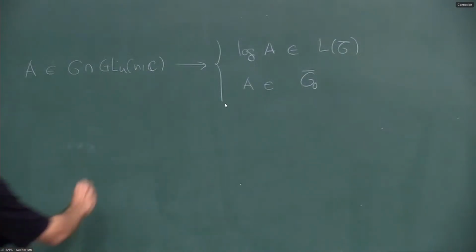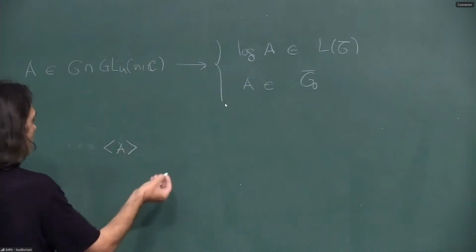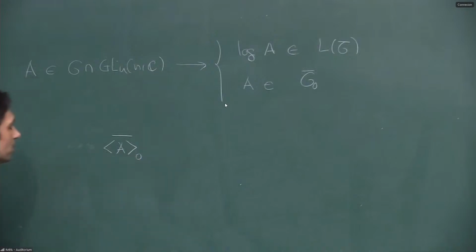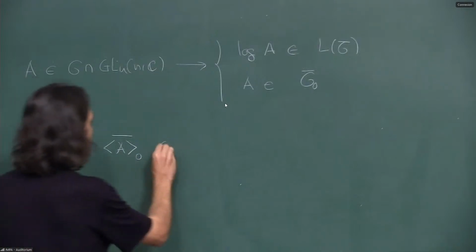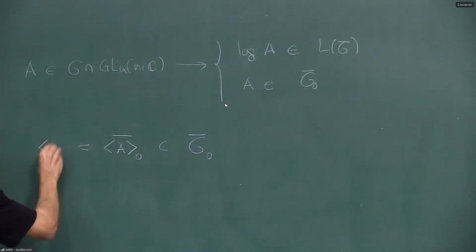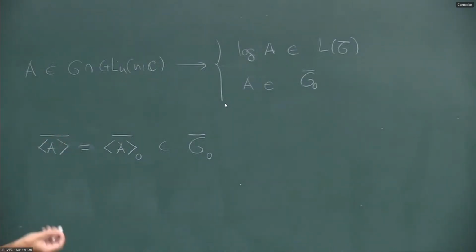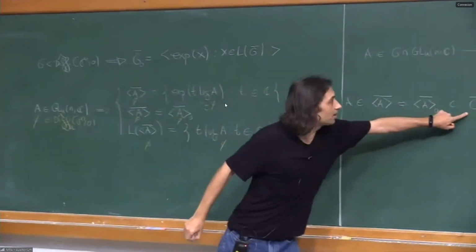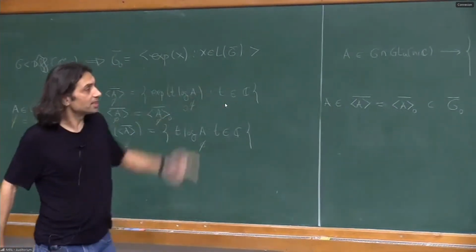If you have A, the closure of A, the connected component of the closure of A is going to be contained in the connected component of the closure of G, and because of this it coincides with the closure of the group generated by A that contains A. And since all these diffeomorphisms are contained in there, then the infinitesimal generator is in the Lie algebra.